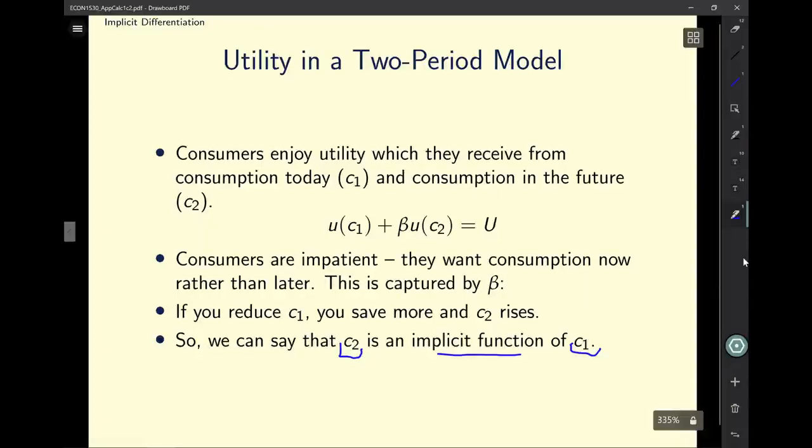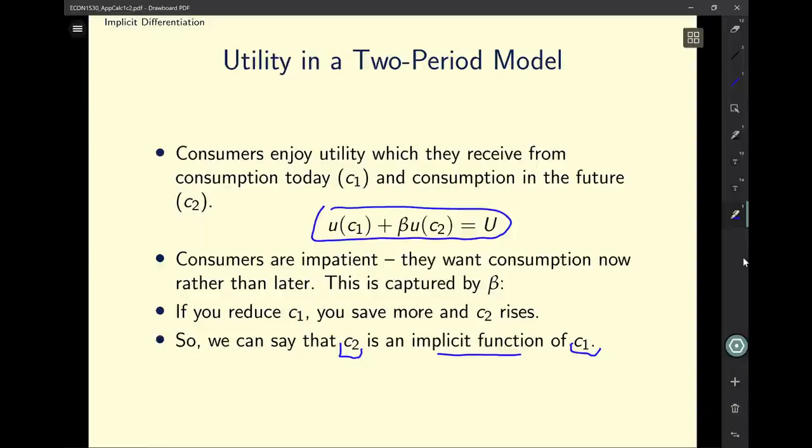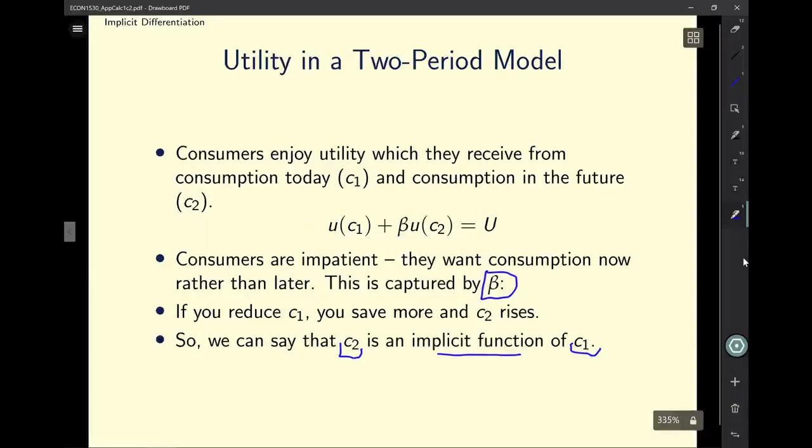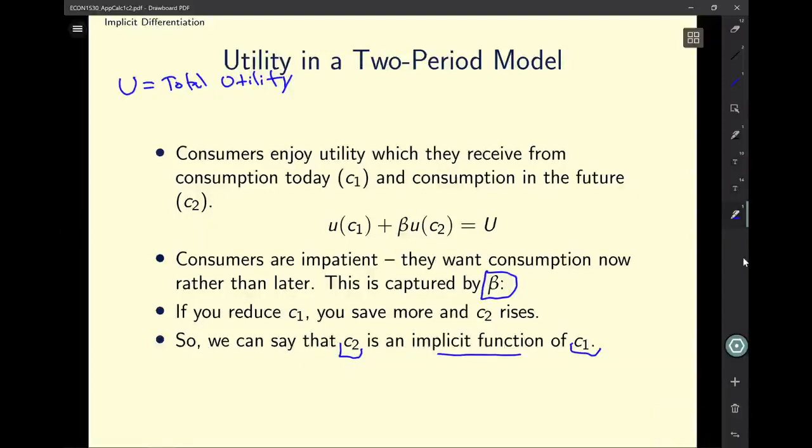Now let's turn our attention back to this expression here. Let me define each of the terms here. Now you know what the beta is, and maybe I'll talk about the beta as well. So to get started, we've got U. U is equal to total utility. So the total quantity of utility you get from how much you consume today and how much you consume tomorrow.